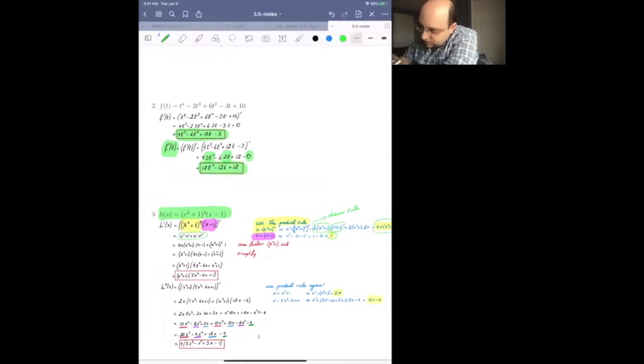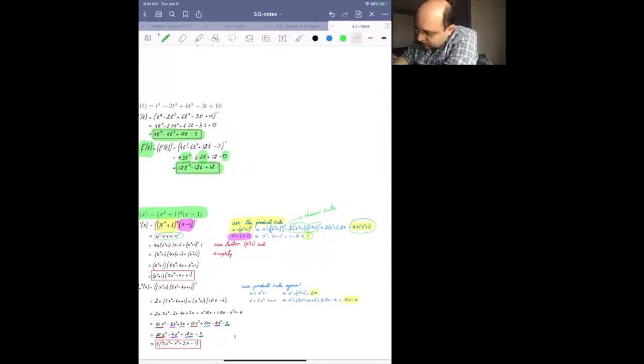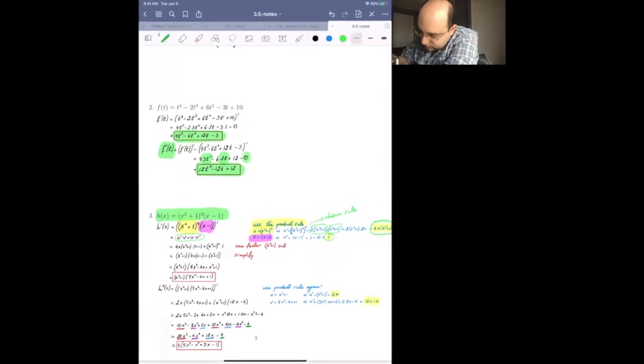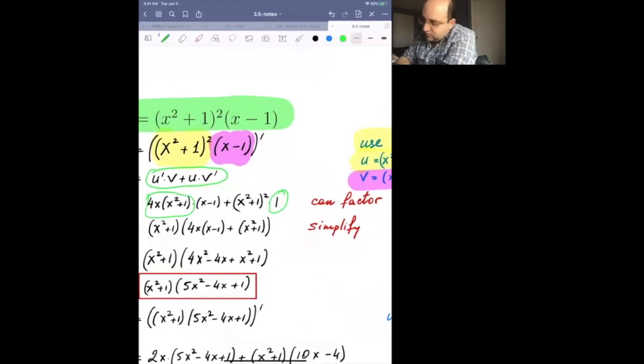So we get u prime, 4x times x squared plus 1, that's what we plug in here, times v, which is x minus 1, plus x squared plus 1 squared, times the derivative of v, which is the derivative of x minus 1. So it's equal to 1. Okay?